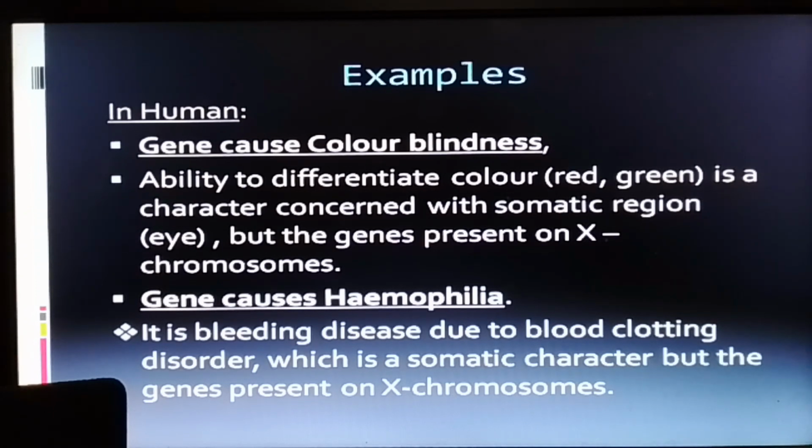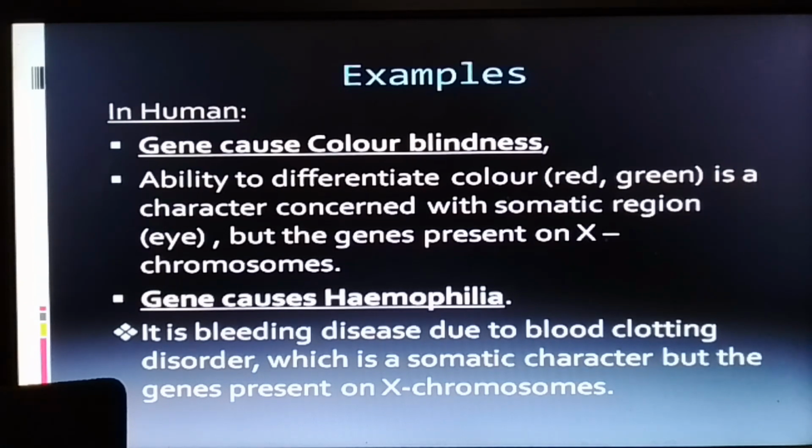Similarly, haemophilia. Here there is no normal clotting process. There is continuous bleeding if there occurs any wound or hurt on the body of an individual. Usually in individuals, the blood flow from a wound stops within about a minute.